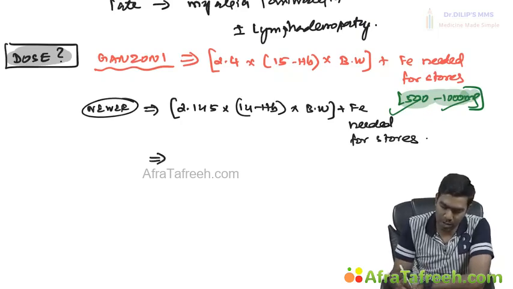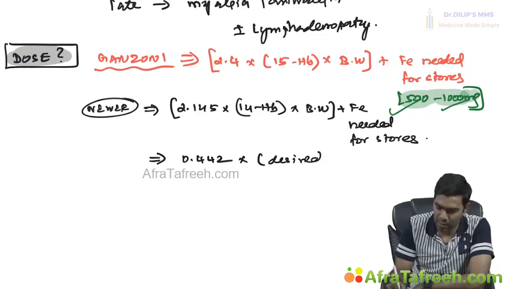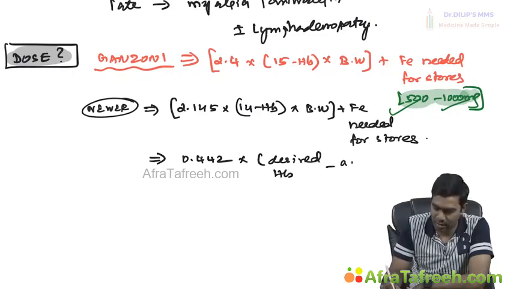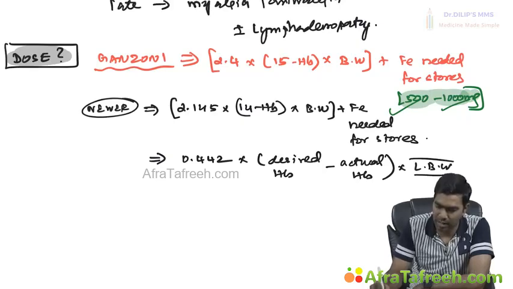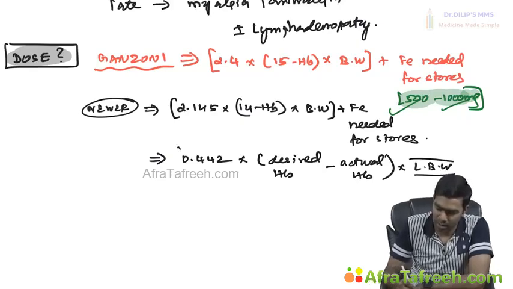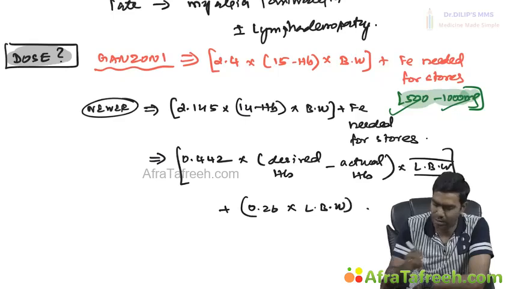The second newer formula which you can use is 0.442 multiplied by (desired hemoglobin minus actual hemoglobin) multiplied by lean body weight, that is ideal body weight in kilogram, plus 0.26 multiplied by lean body weight.